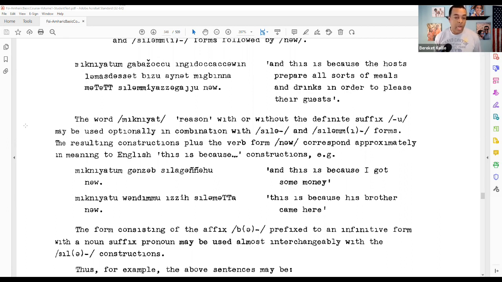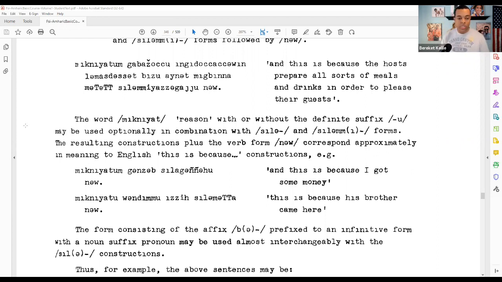So it can either be mikniat or mikniatu. And it can be used optionally in combination with that prefix sila or silami, as we saw in a previous note, in the example there, silami yazagaju. And the resulting construction, when you see that use along with the verb form no, so silami yazagaju no, means in English that this is because.